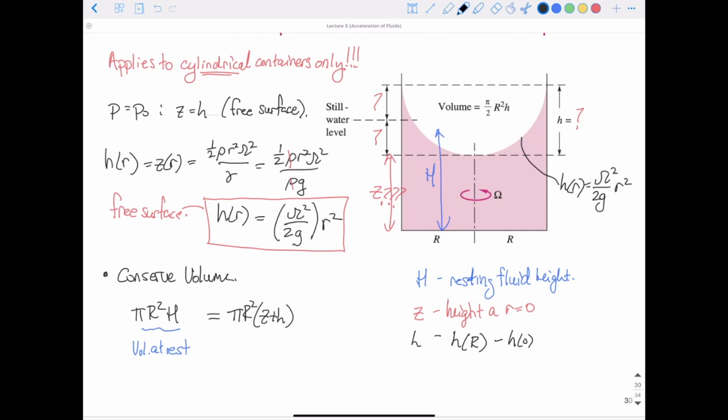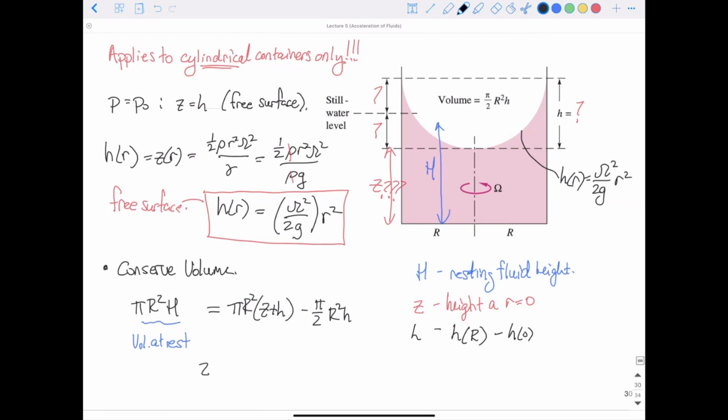The volume inside the parabola is equal to pi over 2 r squared h. So if we rearrange this, we can solve for z, and z is equal to H, which is the initial height of the fluid, minus our angular velocity squared times the radius of our cylinder squared divided by 4 times g.